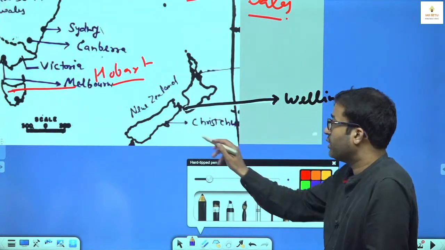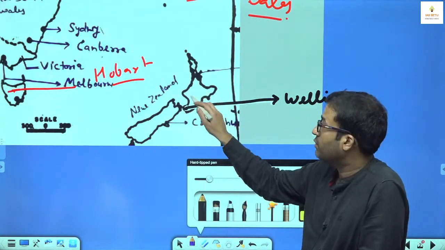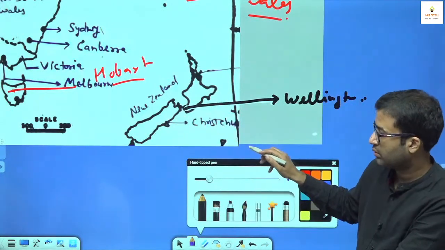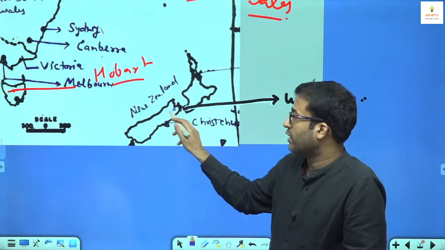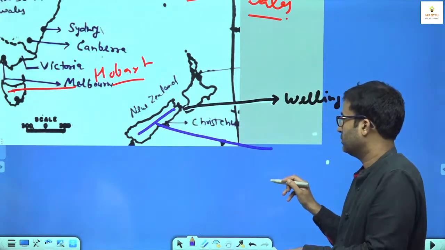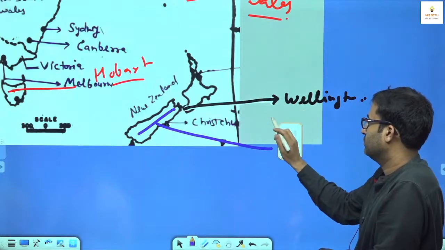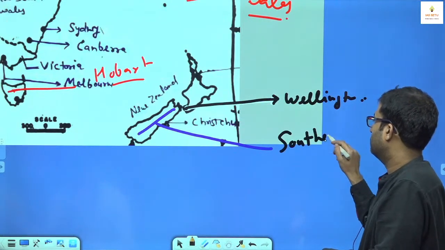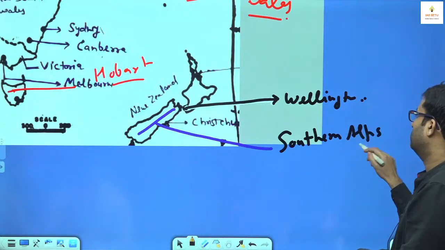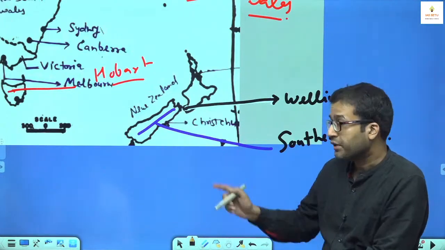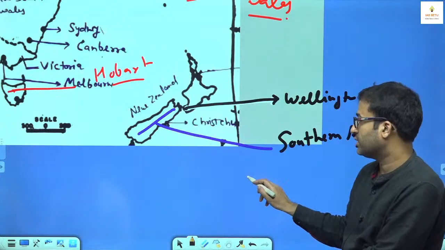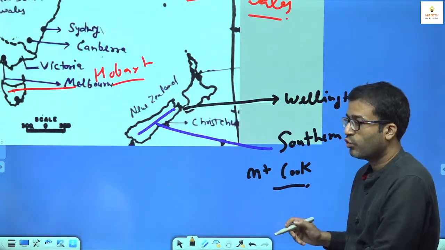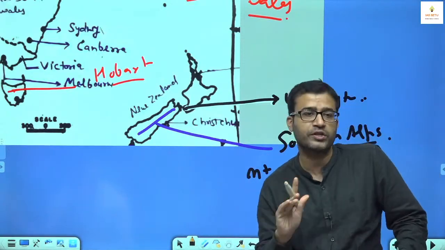Now what is important: this is divided into two islands, one is North Island, another is South Island. In South Island we have the Southern Alps. Here the highest peak of the Southern Alps is Mount Cook, which is the highest peak of Oceania also.